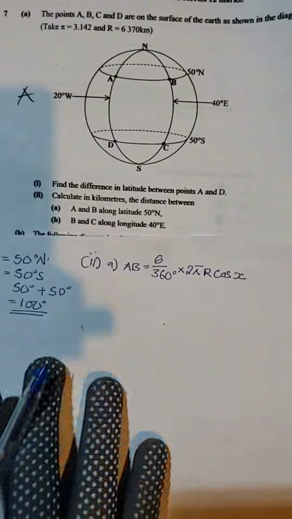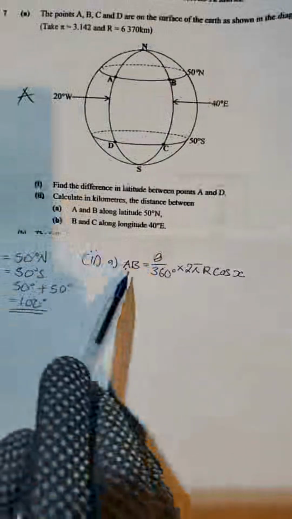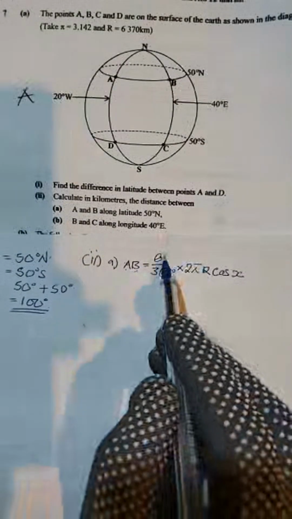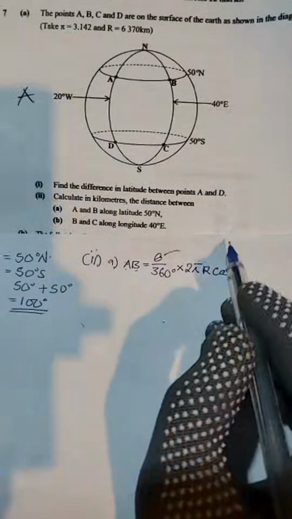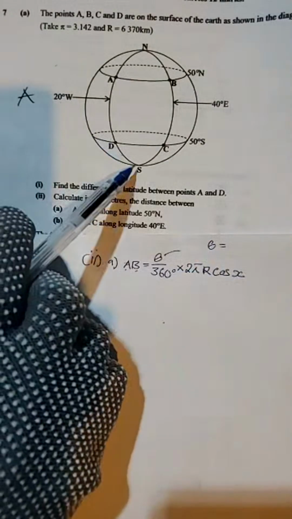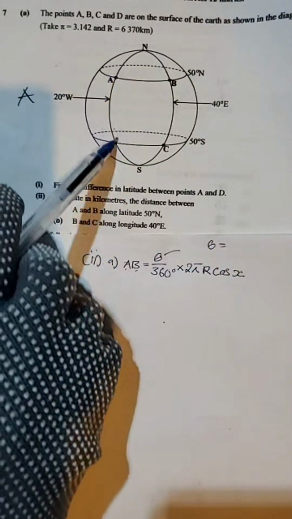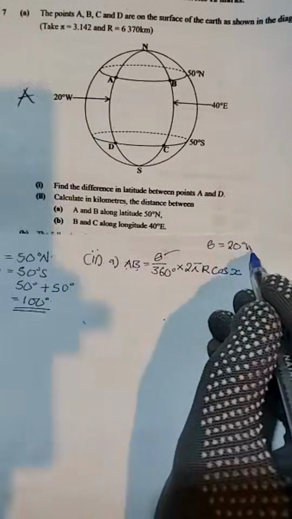Now, since the distance is along the line of latitude, this theta here is the difference in longitude between A and B. Ask yourself on which longitude is point A: 20 degrees west.